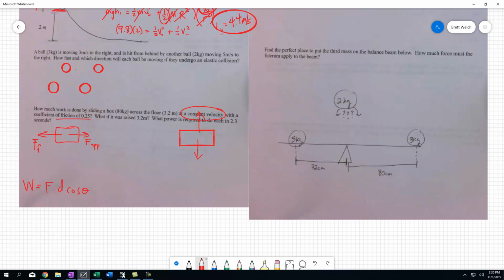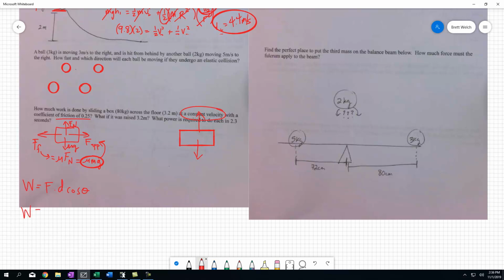We're kind of intertwined. And the force of friction is equal to mu times the normal force, which in a horizontal sliding across the floor kind of problem has to equal the weight of the box, or its mass times gravity, which would make this mu mg. This would be my applied force.